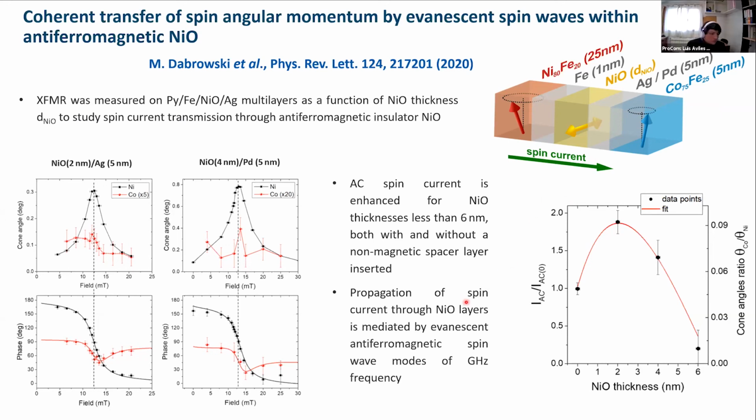Great. So you're planning to try something like YIG, for example? We haven't tried that with YIG yet. I know that there are experiments, not with X-ray ferromagnetic resonance, but experiments that use DC methods or electronic measurements and look at the inverse spin Hall effect in platinum when they excite a spin current in the YIG, and they also see an enhancement of the spin current transmission for very thin nickel oxide layers.